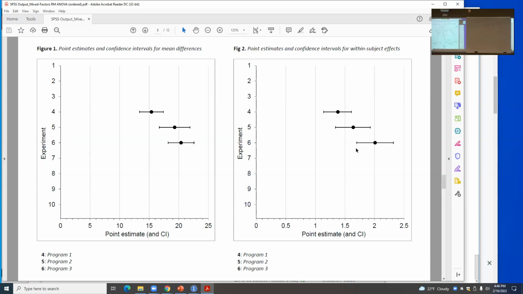What do you think, Emily? If this is program 1, 2, and 3. Yeah, just looking at the point estimates and the bars here. What's that? Yeah, it looks like they're kind of stepped. Which program looks like it's performing the best?